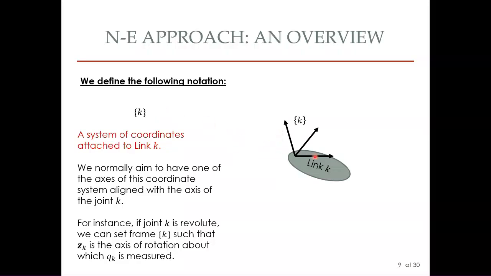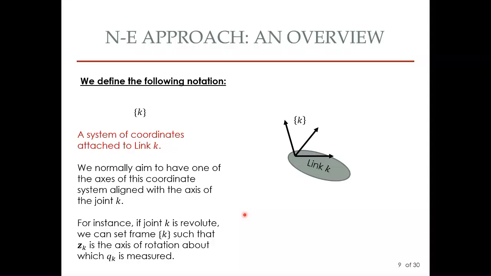So it is rigidly attached to link K, frame K. And if joint K is prismatic, then you will normally assign frame K in the same way as frame K-1, because it will just move in a parallel manner. Okay. If not, it will normally rotate.